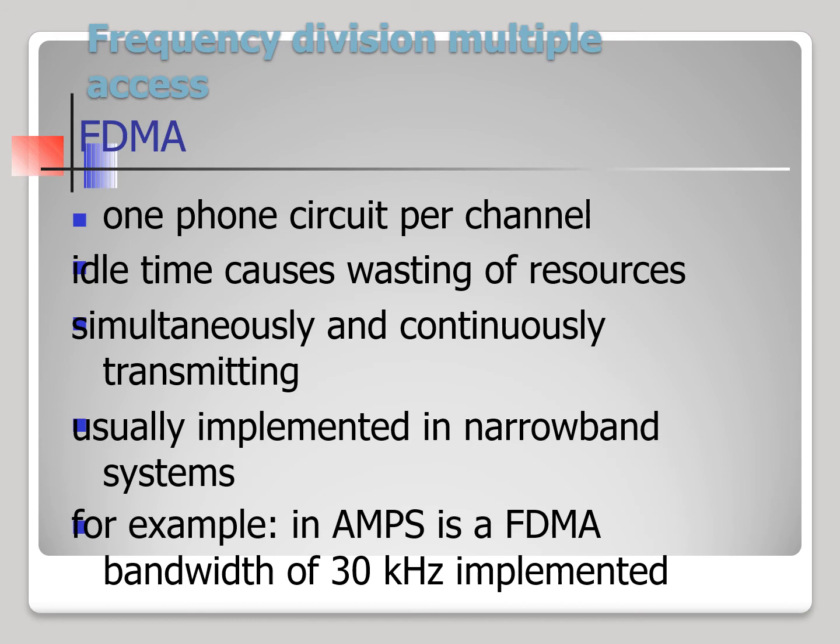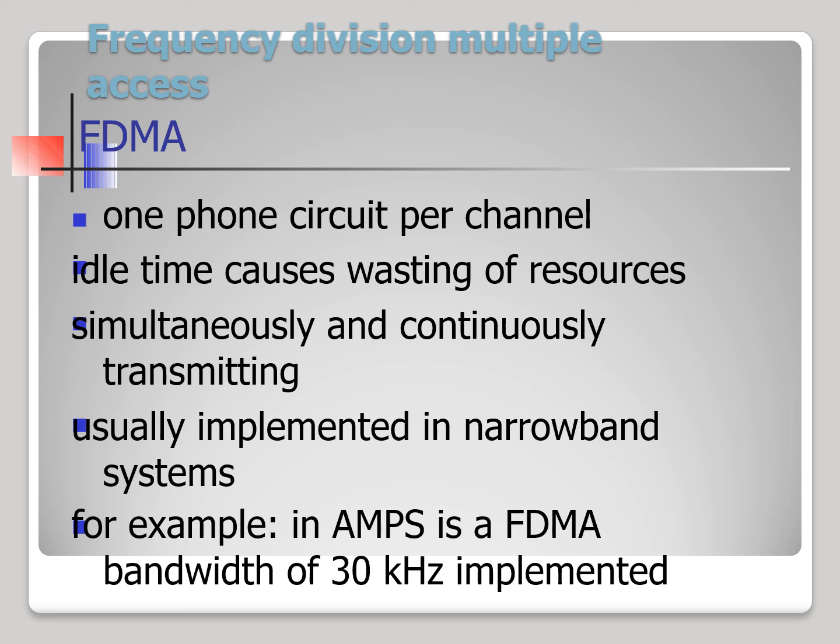When we consider a phone, one phone circuit per channel is used in FDMA. Here is a problem of idle channel. That is, suppose the user is not communicating, the channel will stay idle.